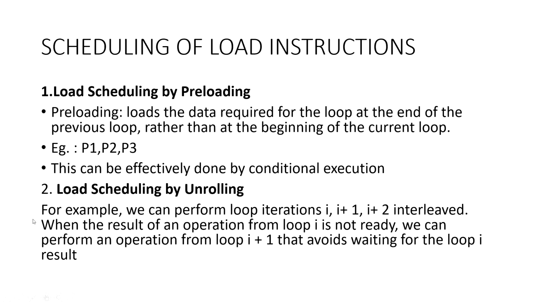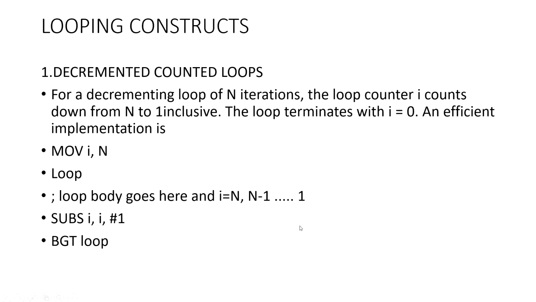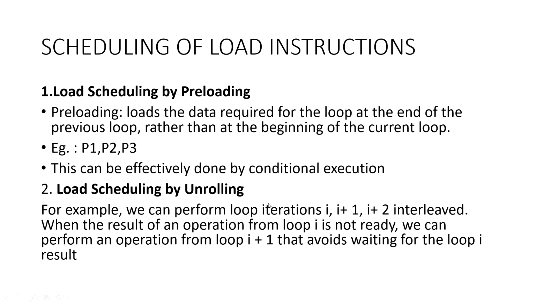Another concept is load scheduling by unrolling. Say we have three iterations, I, I plus 1 and I plus 2, which are interleaved. That means they have some time for execution after one iteration.